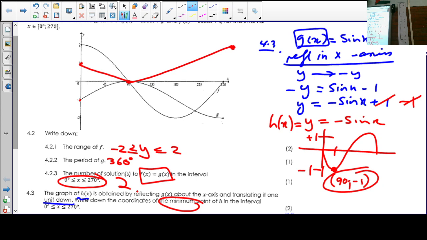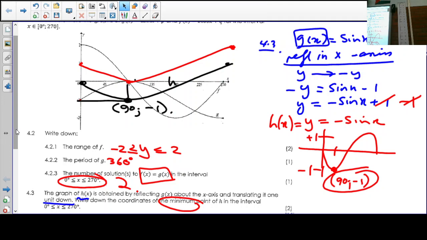Then it moves 1 unit down. So if it moves 1 unit down, it goes there, that goes to 1. So there's the graph of h of x. So they ask you what's the minimum value? Of course, the minimum coordinate is at 90 and negative 1, which also matches that graph. Okay? So two ways you could have done it. Both ways will get you your 2 marks. Okay.